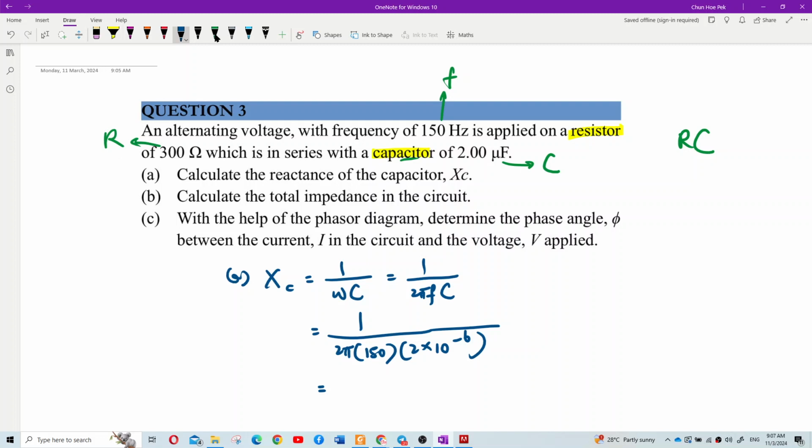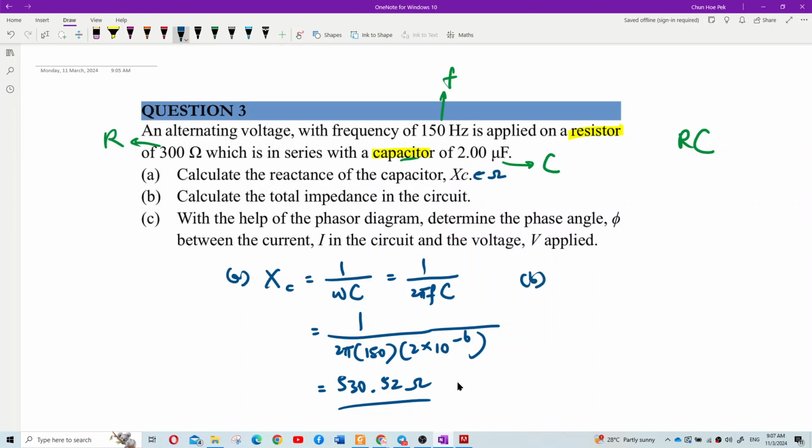Let's calculate: 2 pi times 150 times 2 exponent negative 6. Okay, so the answer is 1 divided by that answer. So XC is 530.52 ohm. The unit is ohm, class. The unit is ohm, like resistor.